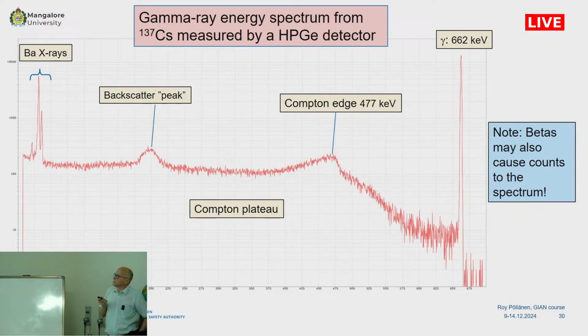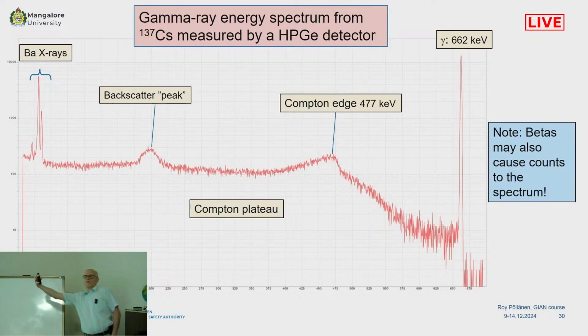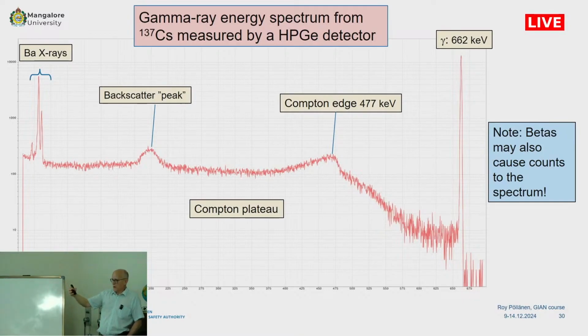Let's look at cesium. As you know, the emission energy is 260. So what you can see here is a Compton edge, this one. There is a backscatter peak coming from the lead shield. Backscattering from there. And these are barium X-rays, generated by the decay of cesium.